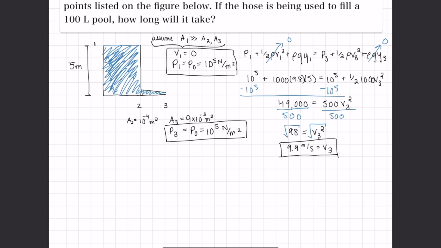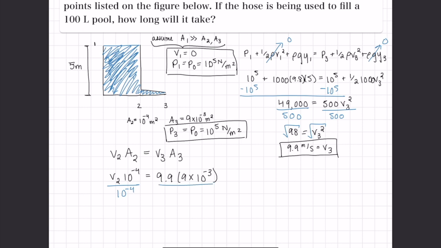Since we don't know the pressure there either, we can't jump right into doing Bernoulli's equation just yet, but we can use that V2 times A2 is V3 times A3. V2 is what we're solving for. A2 is 10 to the minus 4 equals 9.9 times 9 times 10 to the minus 3.